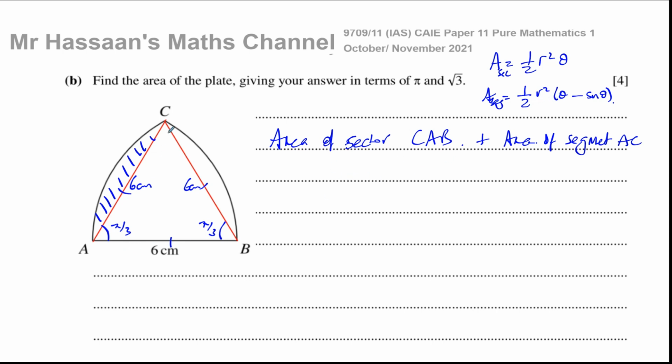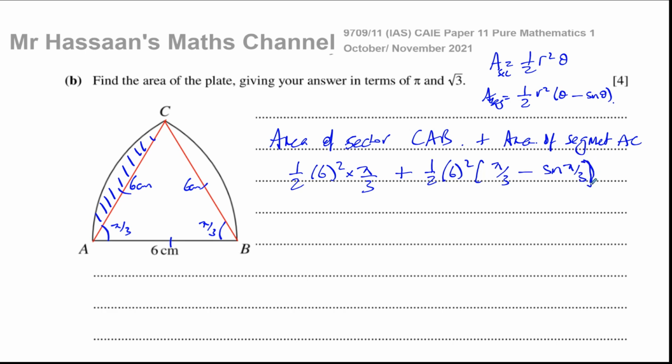For the sector CAB, we're going to have a half times r squared, which is 6 squared, times pi over 3, plus the area of the segment that's shaded, which is a half times 6 squared, times theta, which is pi over 3, minus sine of pi over 3.